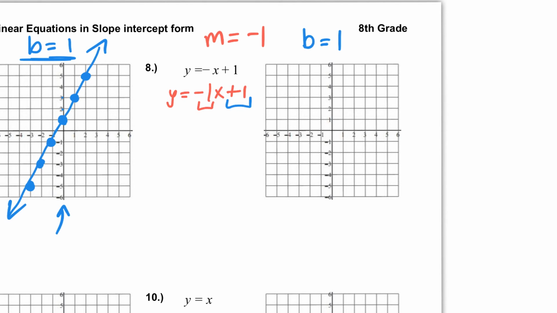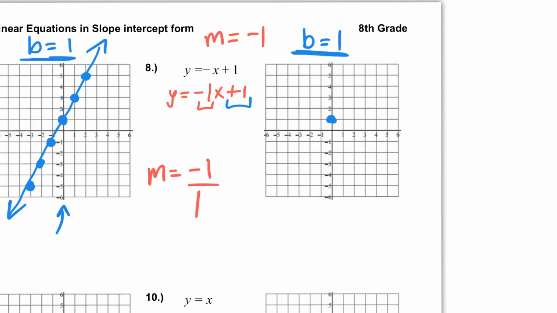Okay. Let's go ahead and start by graphing our y-intercept here. Our first point is always, always, always on the y-axis. So we are finding 1 on the y-axis and plotting that point. Okay. Then from there we go to our slope to help us find the other points. So let's write our slope down here. It's negative 1. And remember, for slope we need a rise and a run. So we want to turn this into a fraction by writing it over 1.